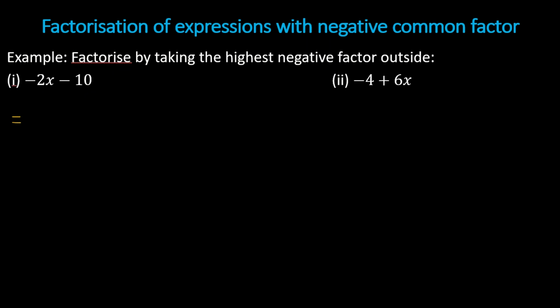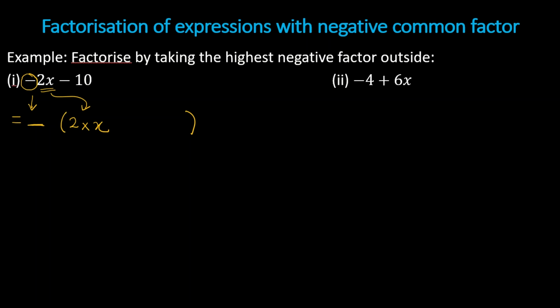Well, the first step is to take this negative sign outside a pair of brackets. What is the term which is close to this negative sign? It is 2x. 2x is simply 2 times x.